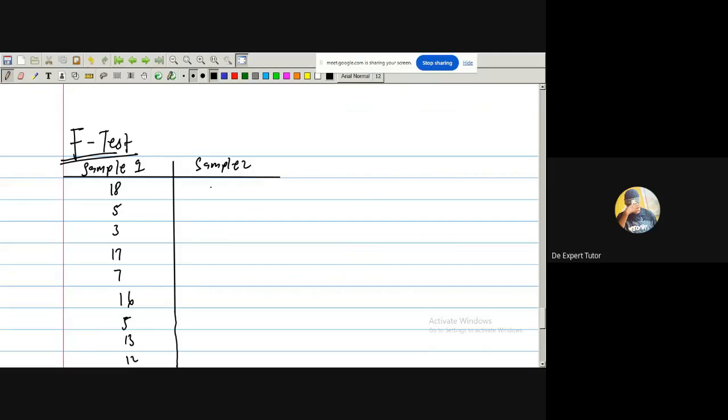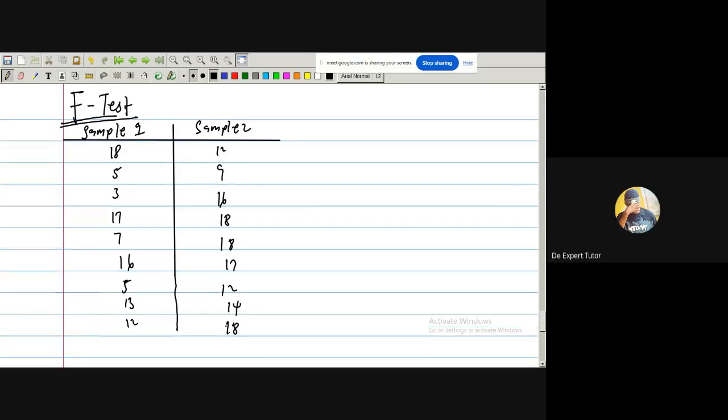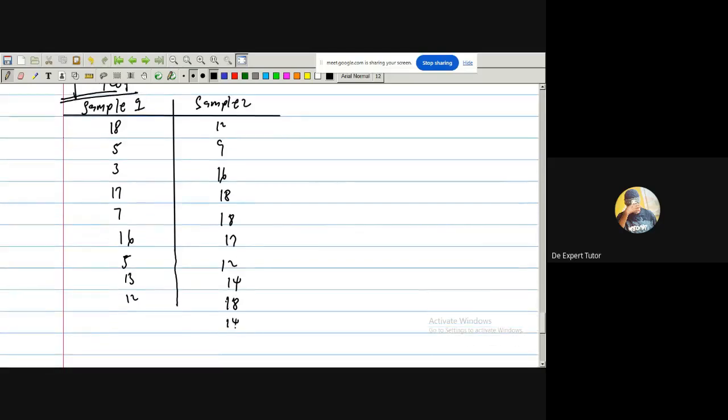And for this one we have 12, 9, 16, 18, 18, 17, 12, 14, 12, 14, 18, 14, 17. Here we are.